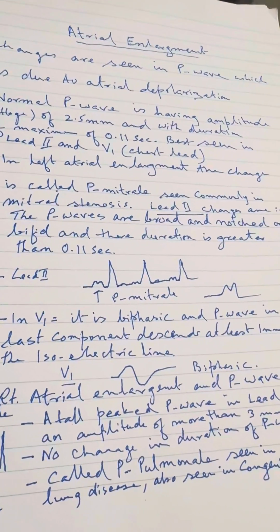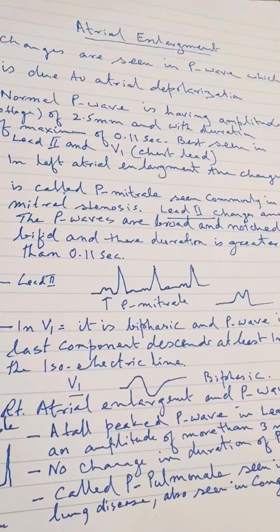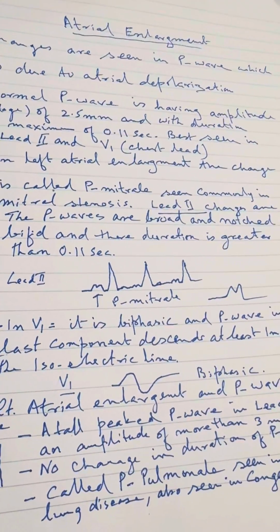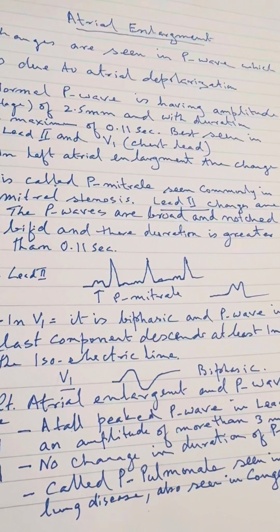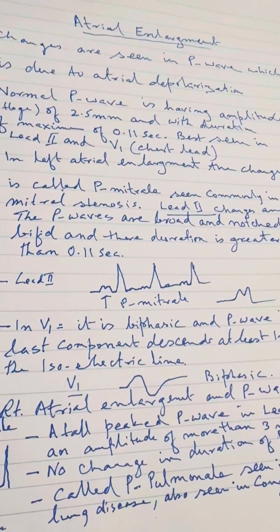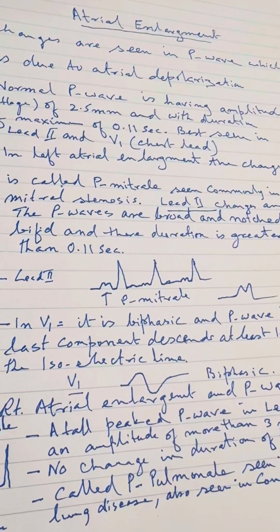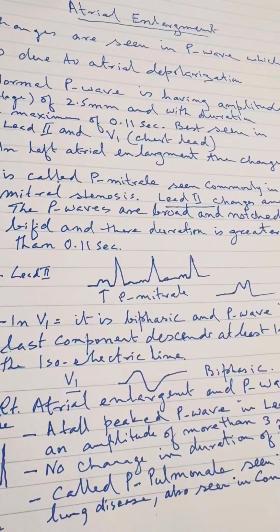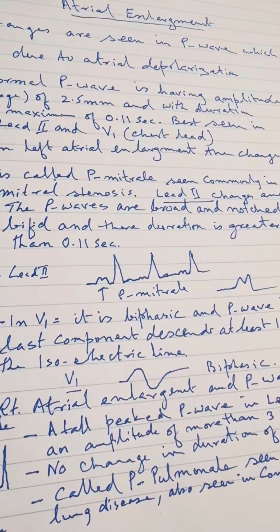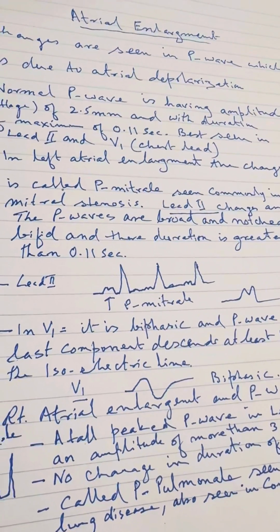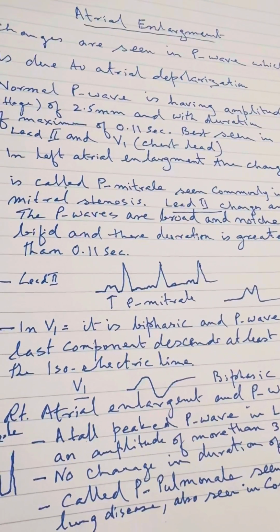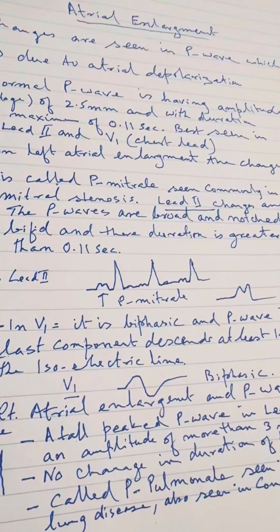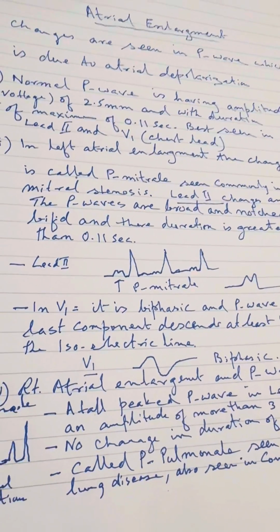In lead 2, changes are shown as the P wave is bifid, or is broad with a notch in the middle. So the first half of the P wave is because of the right atrium depolarization, and the second half of the P wave is because of the left atrial depolarization.